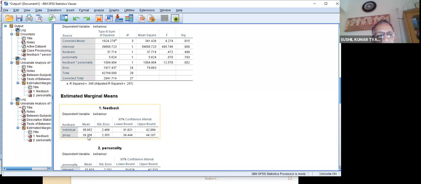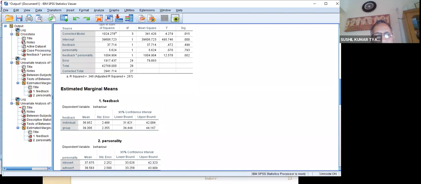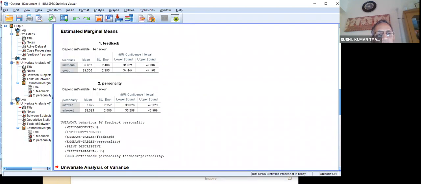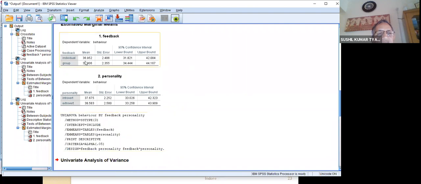For group, we have 39.306. There is a difference between these two. For group, descriptive is 38. So there is a difference. When we are conducting unbalanced ANOVA, then we will refer to these estimated marginal means, not the actual or weighted means. That is the only difference.